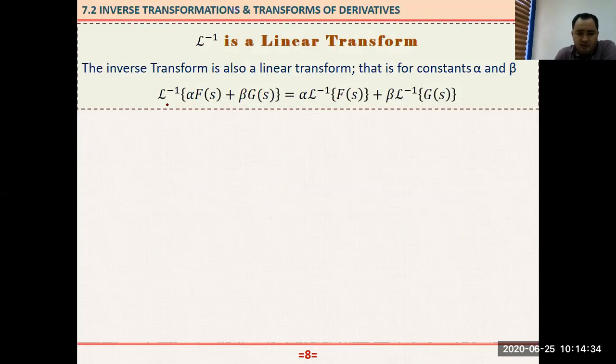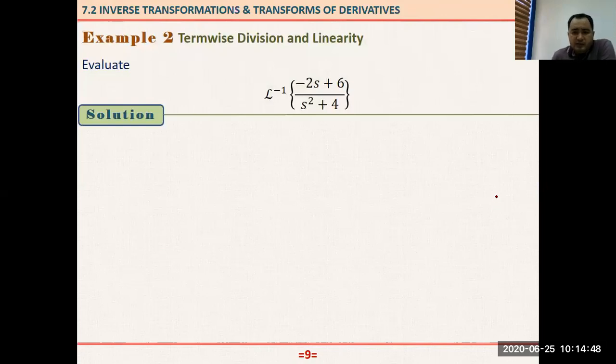That means that the inverse of a linear combination of two functions is the same as the linear combination of the inverses. If we have a constant, we can just take it out, and also we can separate them. So using that property, how do we evaluate this inverse Laplace?